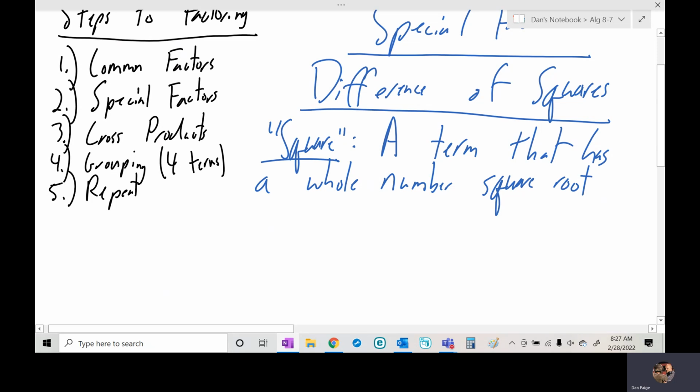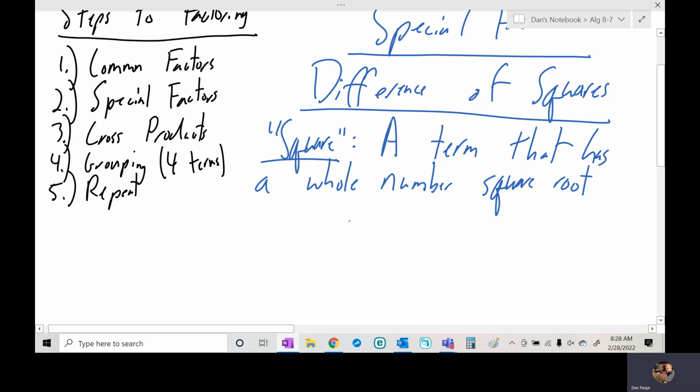That's when we talk about a square. So examples of squares would be like 49, 64, 9, 225. Other examples would be any even exponent.